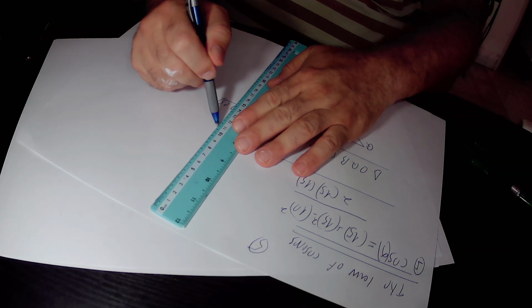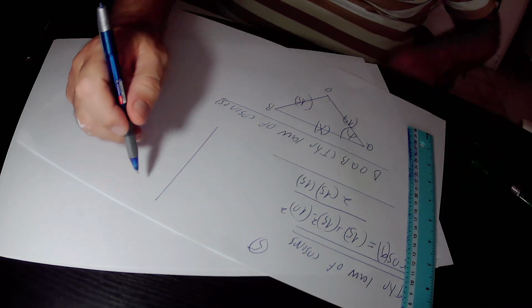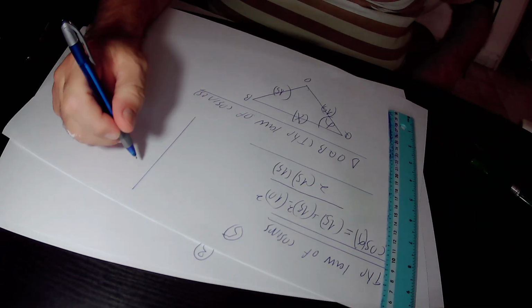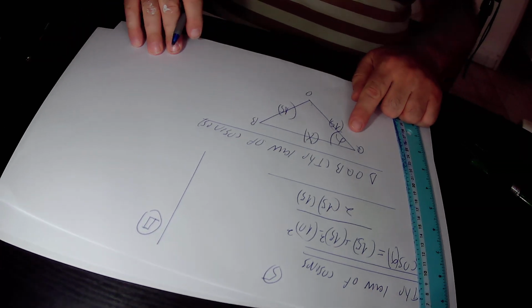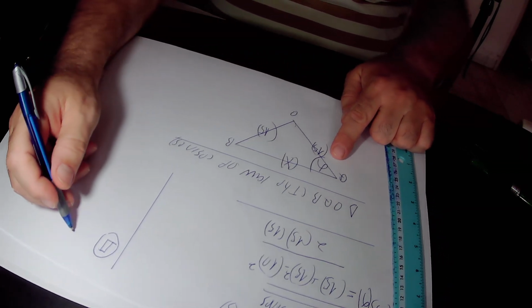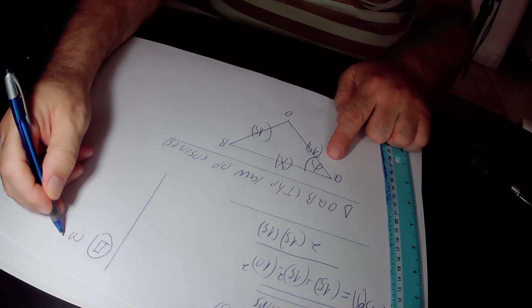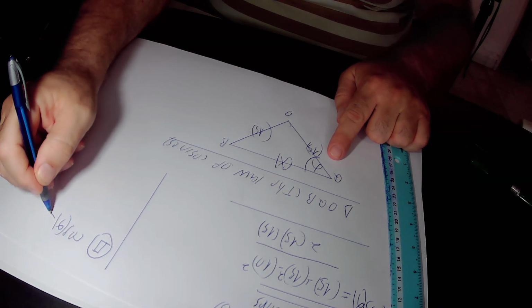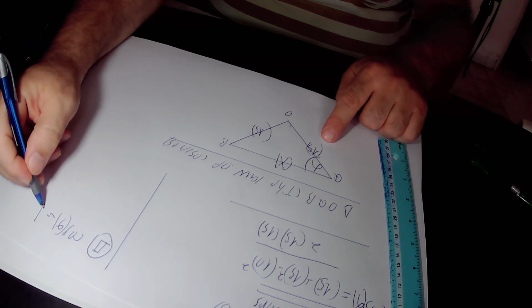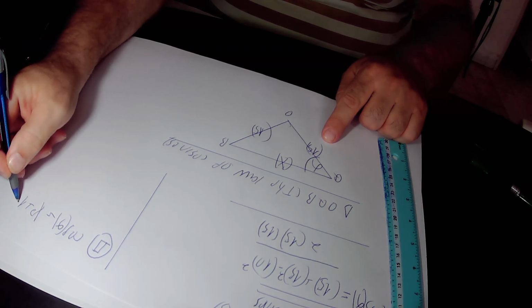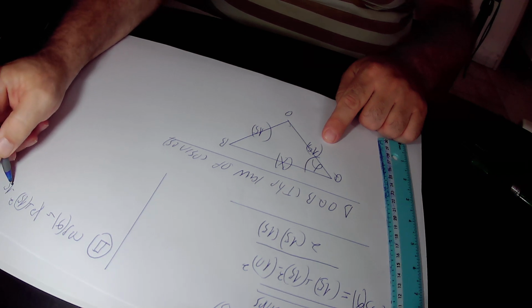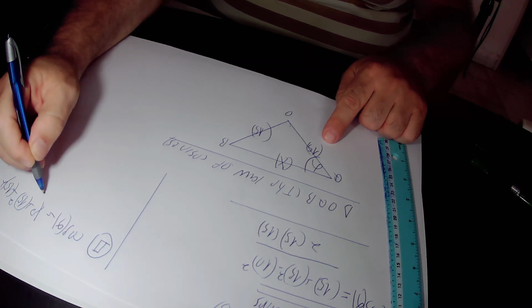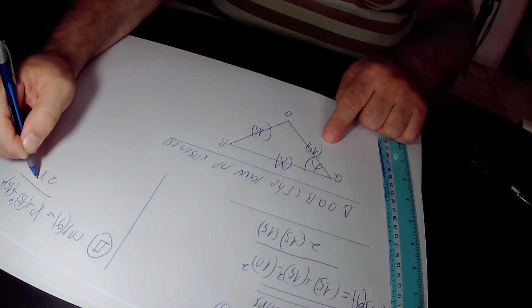According to the law of cosines in triangle OQB, cosine alpha equals x squared plus 15 squared minus 15 squared over 2 times x times 15.